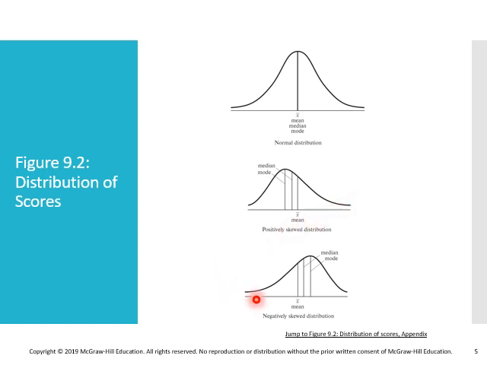The book also tells us on the same page that if we are talking about communication competence among comm majors, communication students in the comm department, we probably will see the opposite effect, which is a negatively skewed distribution.